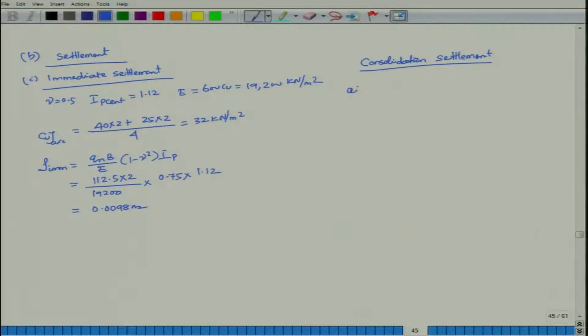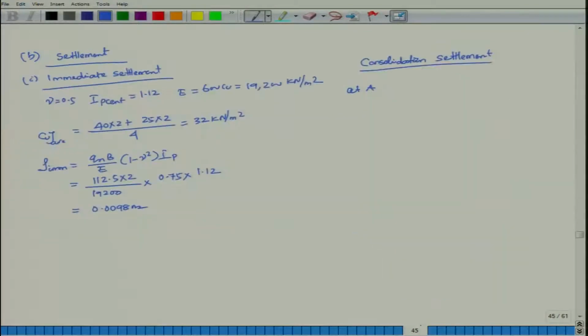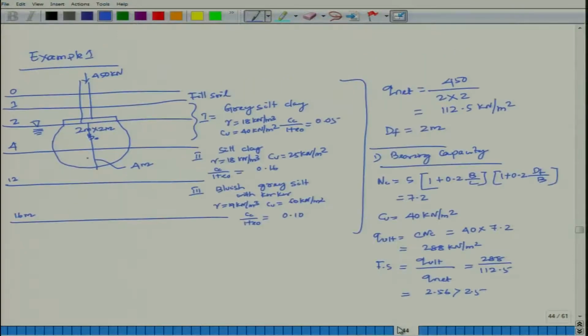So at point A, because consolidation settlement you have to find at different points, at this point and at this point, since up to this depth it is effective. Consolidation settlement at point A, P0 is equal to 18 into 2.0 plus 8 into 1.0. Why 18 into 2.0?